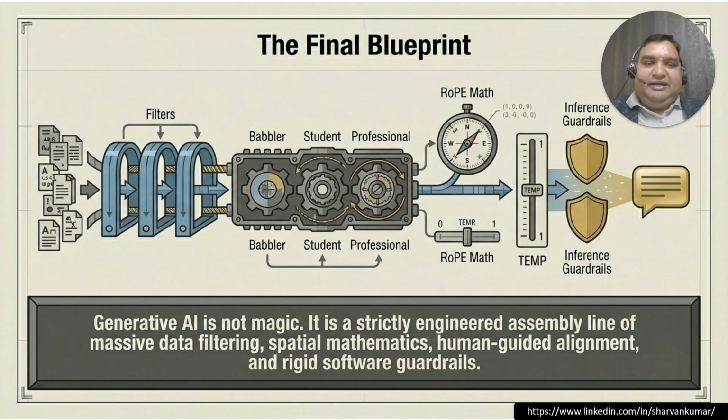There is a lot of maths, a lot of sweat and blood that goes behind it. I hope you understand what the base model is, what the SFT model is, what the RLHF model is, what the guardrails around it are, and the overall mechanism of how ChatGPT becomes so intelligent and how it is able to remember us.